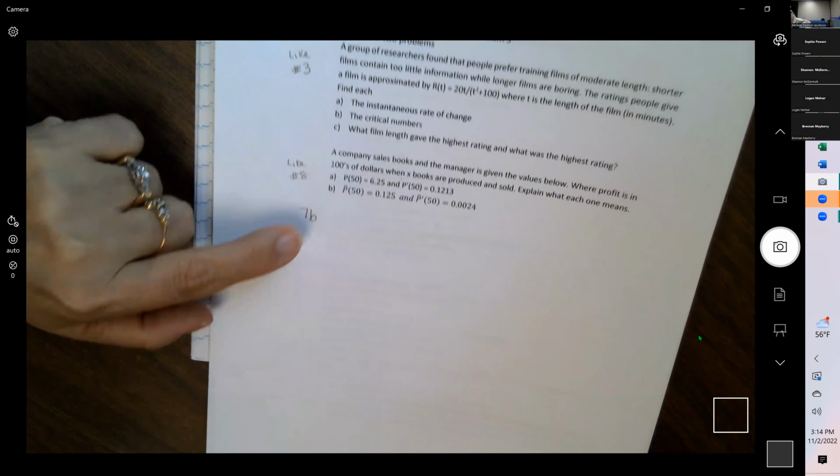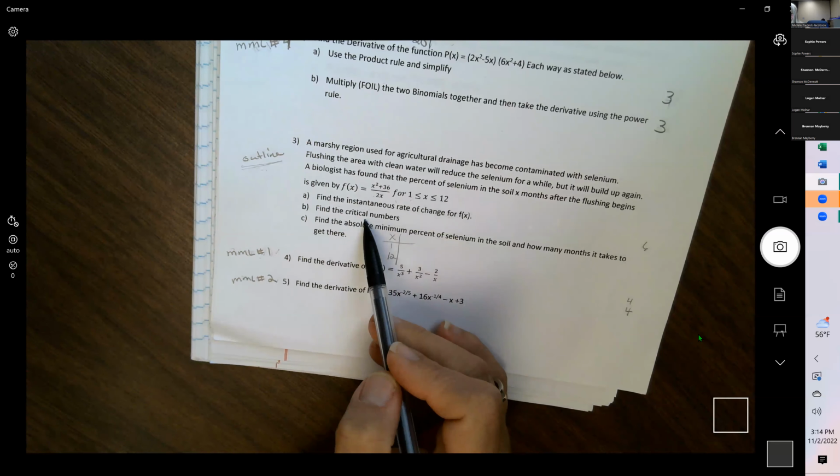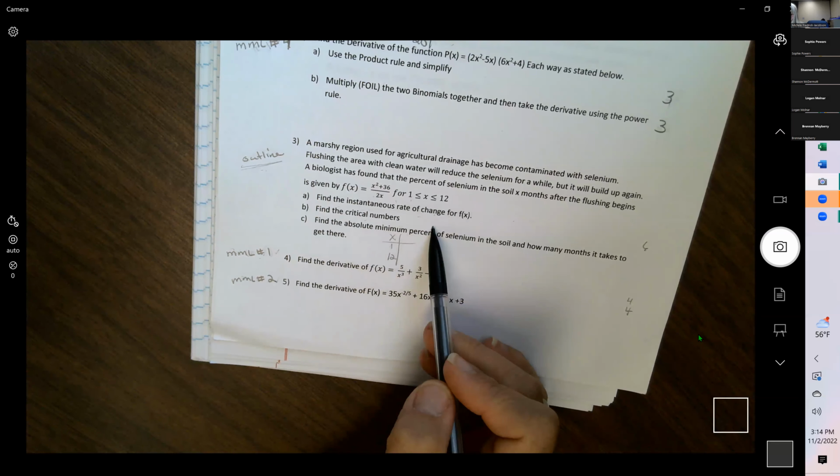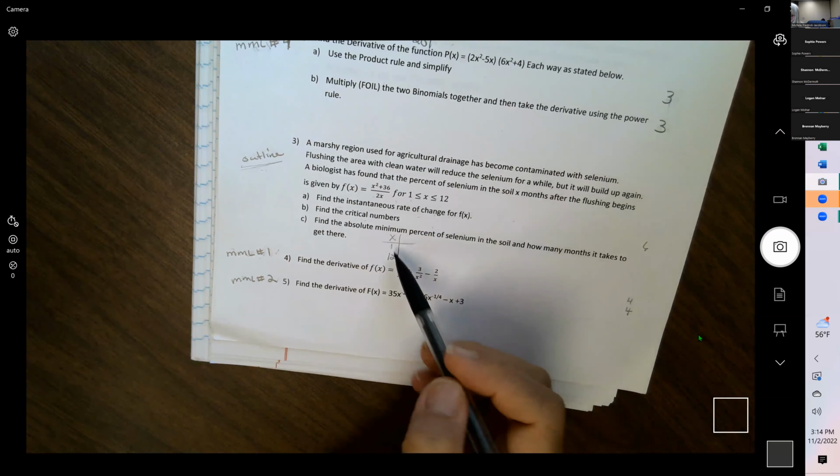Yeah, so this one, again, you take the derivative. Instantaneous rate of change means derivative. Critical number, set the derivative equal to 0. It's only going from 1 to 12, so you take any numbers that land between 1 and 12, and 1 and 12 themselves, and check them in the f of x.